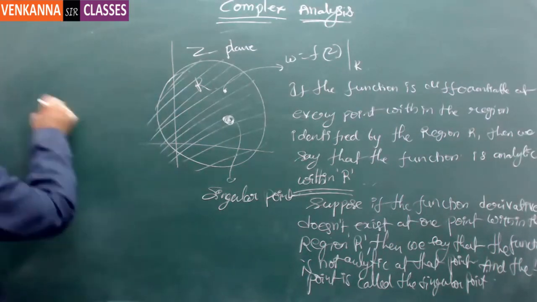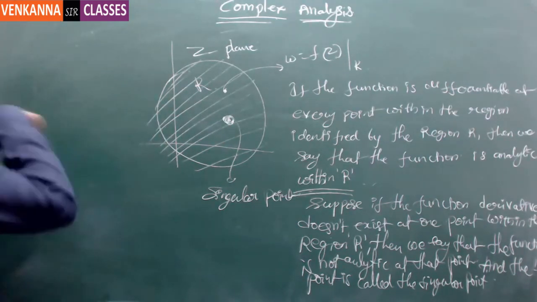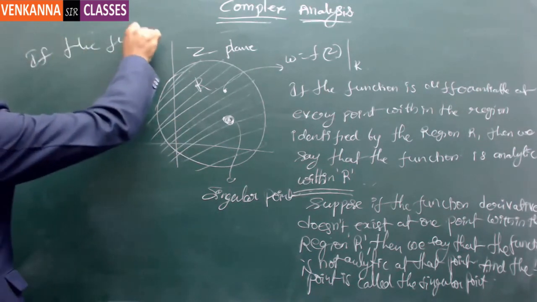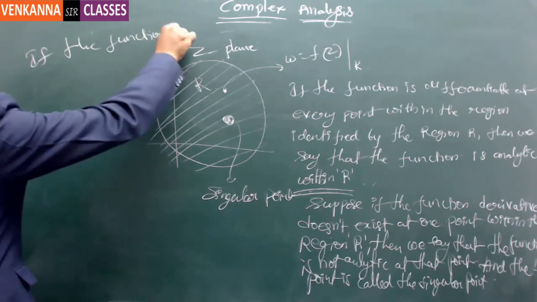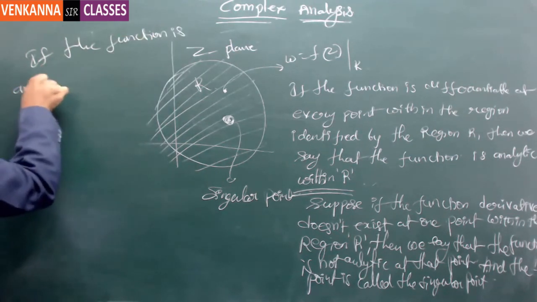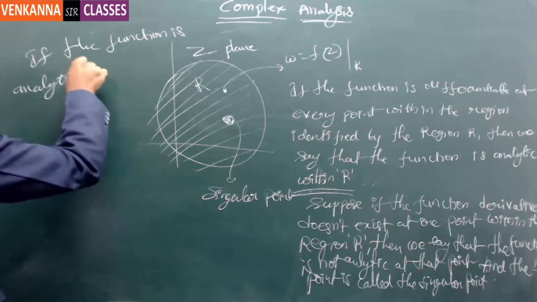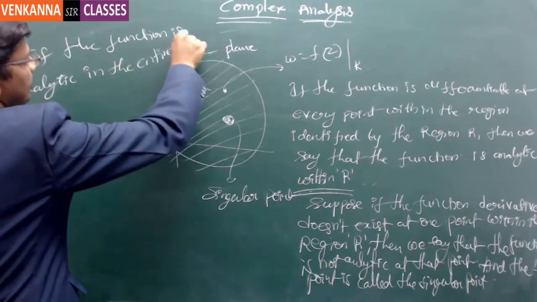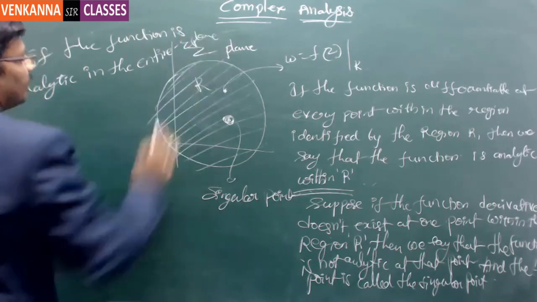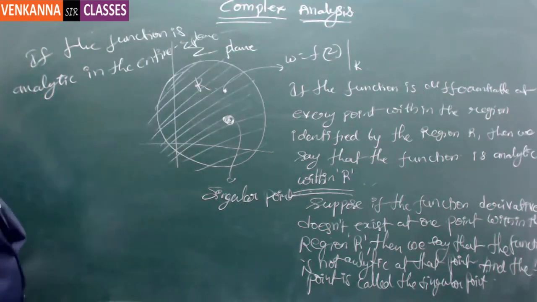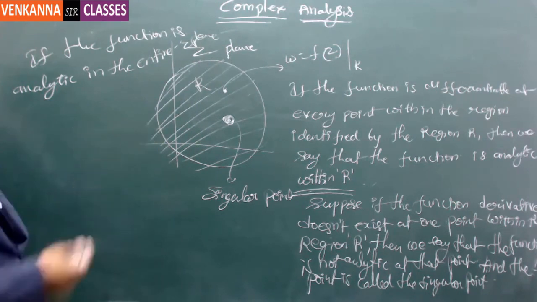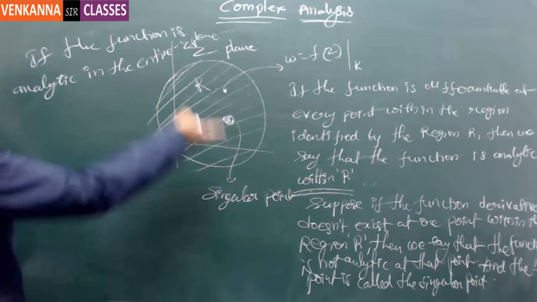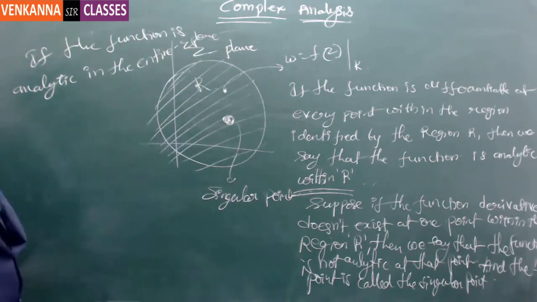So there is one more kind of function you can think of, that is, suppose the function is analytic in the entire Z plane. The entire Z plane means whatever the value of x and y you can think of, that is, my x value from minus infinity to plus infinity and y varying from minus infinity to plus infinity, which will constitute the entire region of the Z plane.